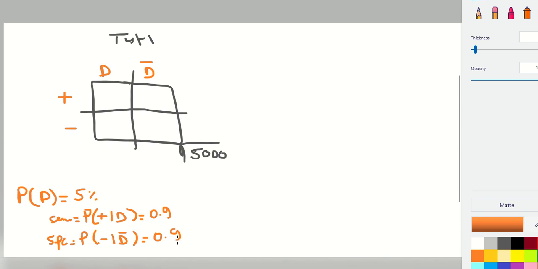Okay, now look what's going to happen. First of all, as we did in the previous example, we're going to figure out how many total women with the disease we're going to get. It's 5%. So if you calculate 5% out of the total, which is 5,000 women, that is going to be 250.